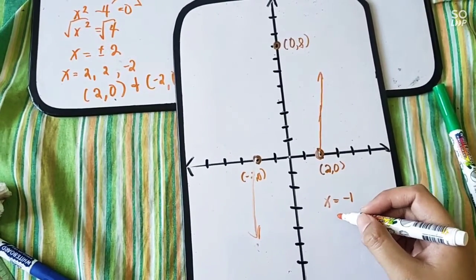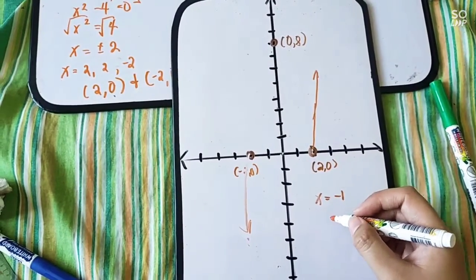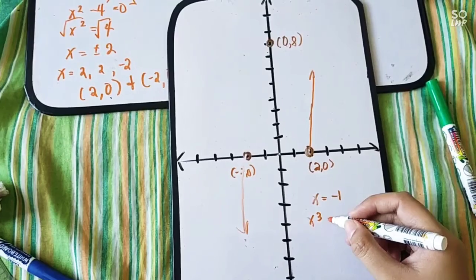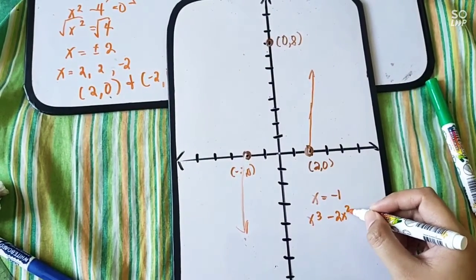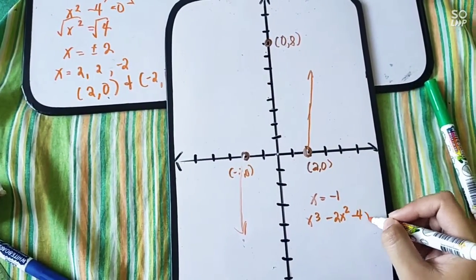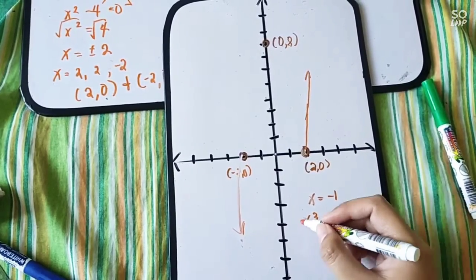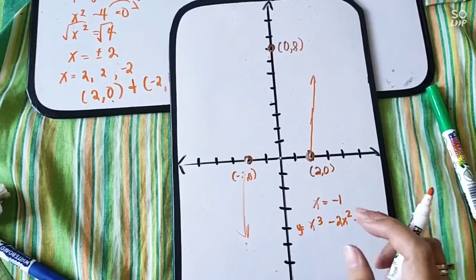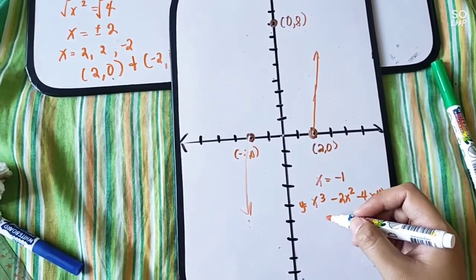So, we have the given. Our given function, again, we have x cubed minus 2x squared minus 4x plus 8. Para makuha pa natin yung isa pang points. Another points. Okay?